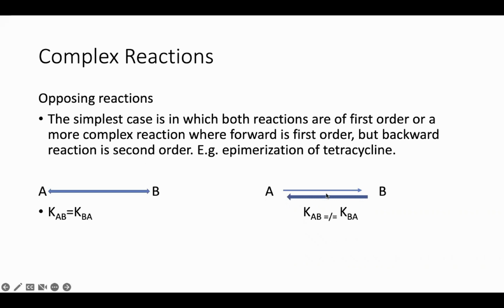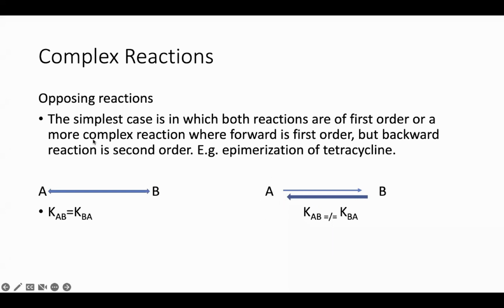Now, on the other hand, you can have an opposing reaction where A is changing to B at a slower rate than B is changing to A. And in this case, you find it very hard to identify or to find B as a product, because as A is being converted to B, B is being mopped up back to form A again, right?